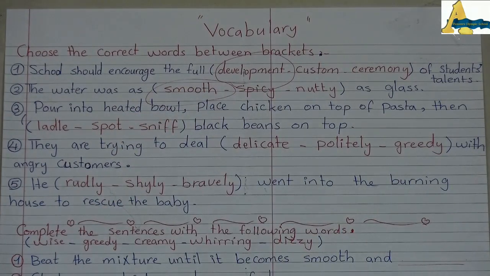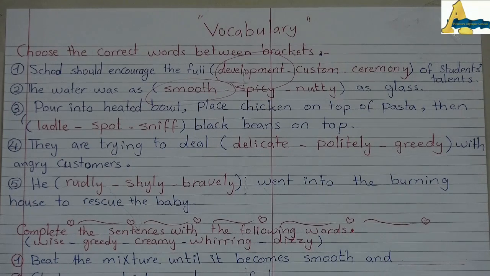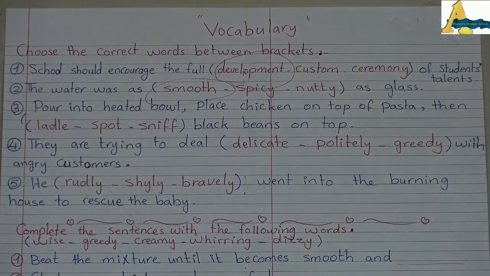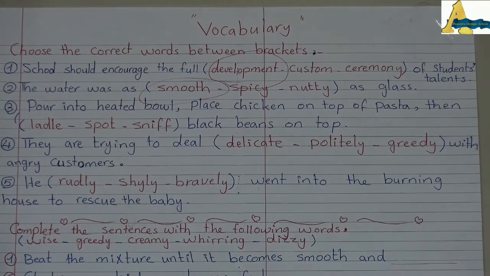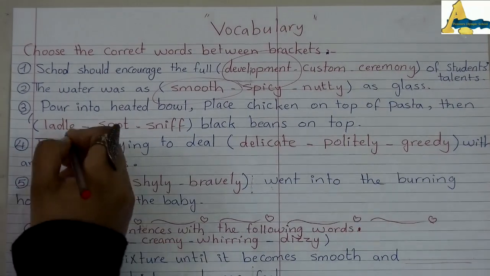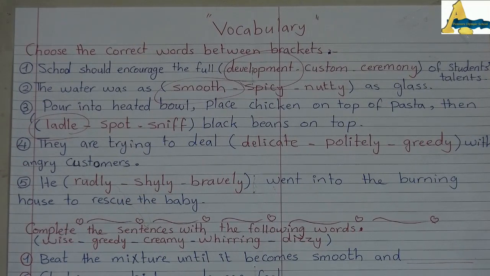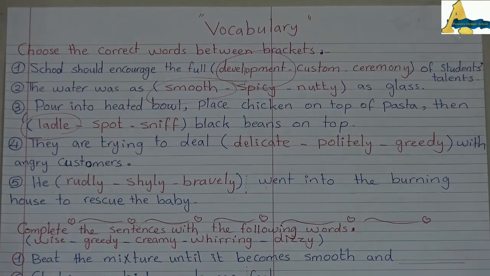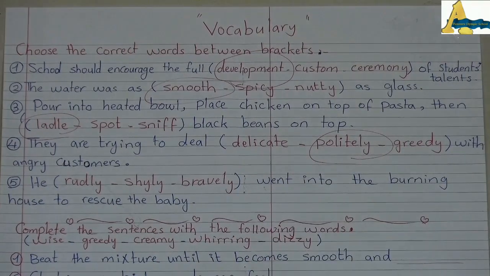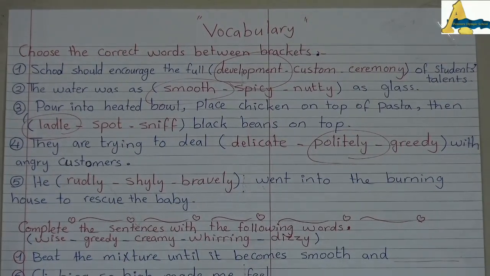Number 3, pour into heated bowl, place chicken on top of pasta, then ladle black beans on top. Number 4, they are trying to deal politely with angry customers.